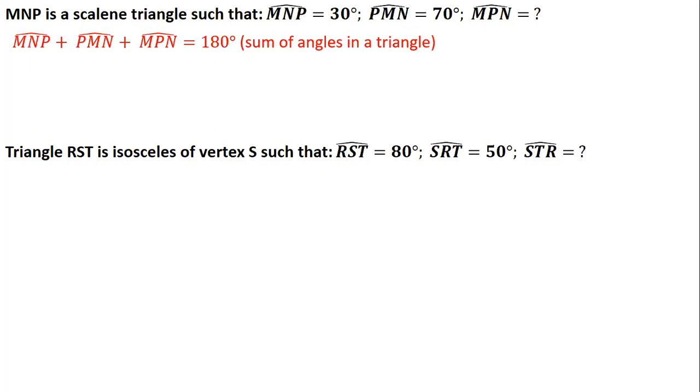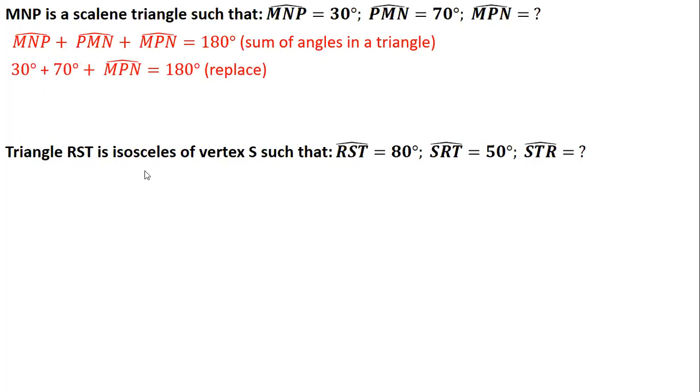Now, Maya, after writing this sentence, what should we do? We move on to the second line and we write the given angles. We replace, right? Yes. MNP, we replace it by how much? 30 degrees. And PMN? By 70 degrees. And MPN, we leave it as it is. So in this step, we replace.